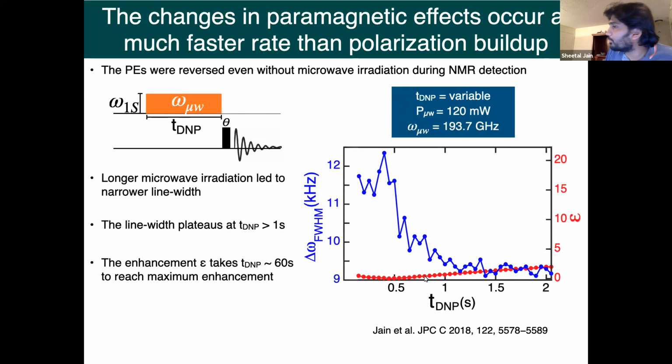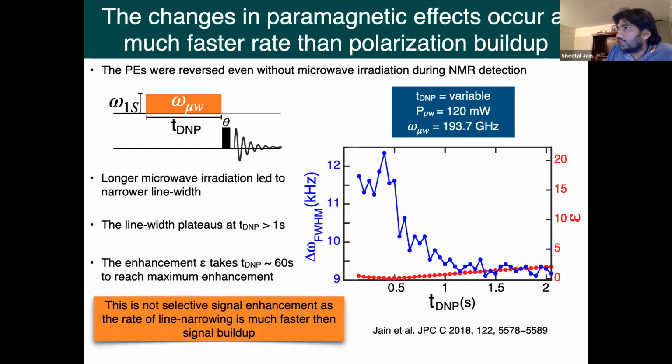I'm not showing the polarization buildup curve here, but basically it takes around 60 seconds, as I mentioned earlier, to build up the polarization. So the two processes, the building up of the nuclear polarization and the line narrowing of the NMR spectra, are occurring at completely different rates, which tells us that it's most likely not the selective DNP, because that should have been at the same rate as the polarization buildup.